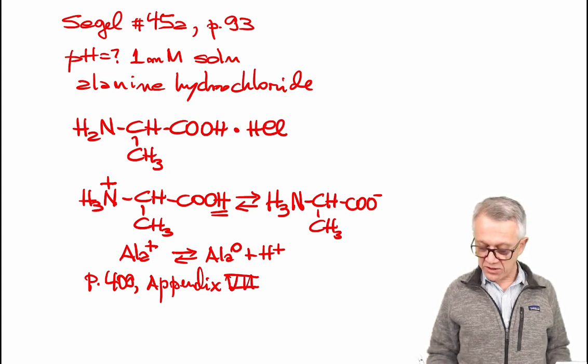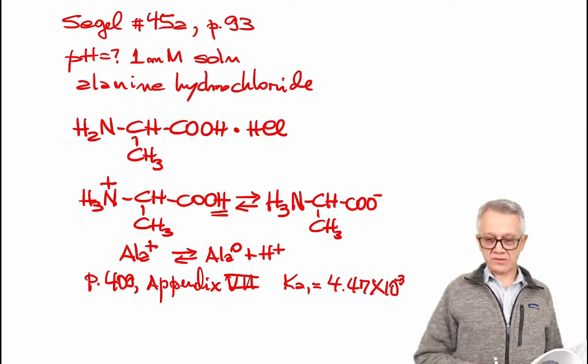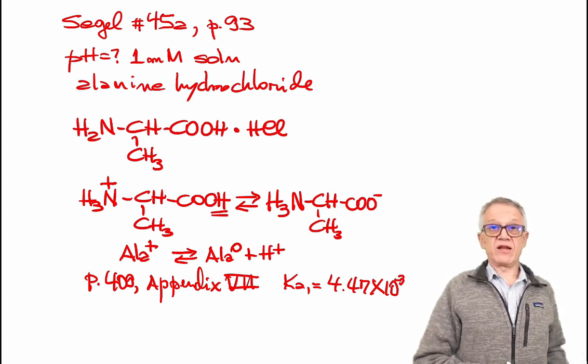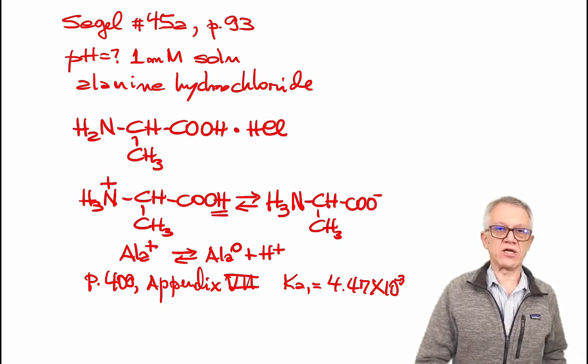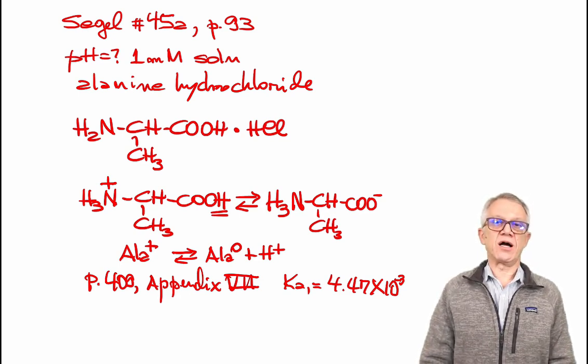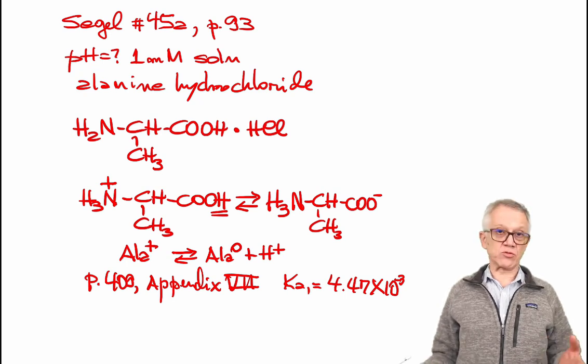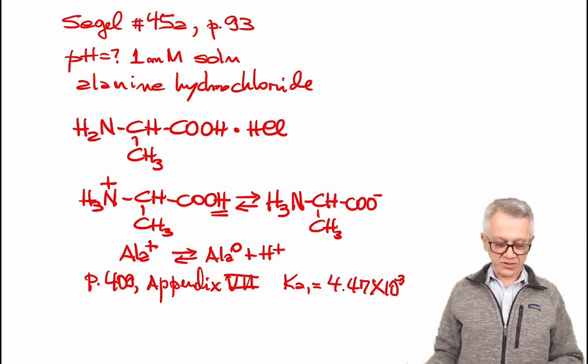So the Ka1 for the carboxylic group is 4.47 times 10 to the power of negative 3. It's a very large Ka, because as you know, the pKa for a carboxylic group is very small. So it's a strong acid, basically stronger than acetic acid, for example.